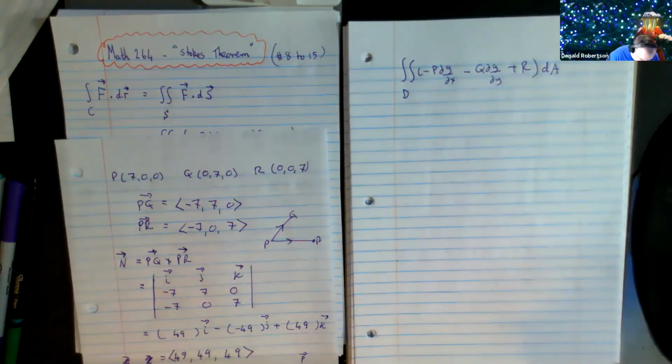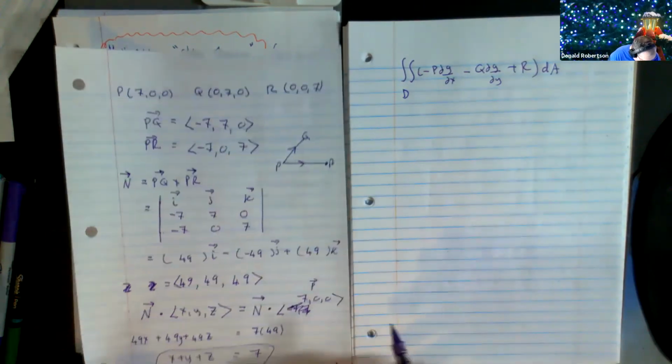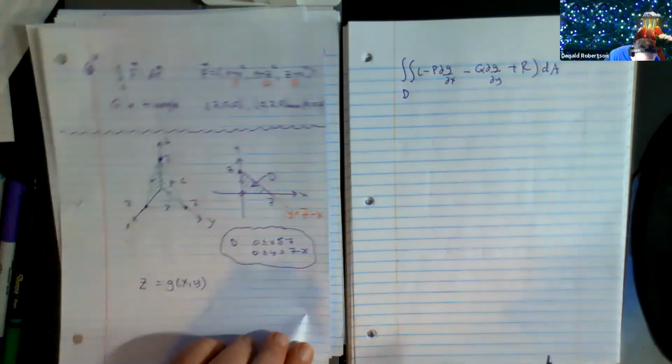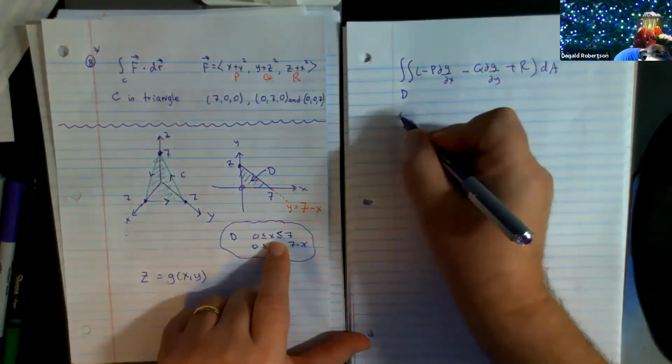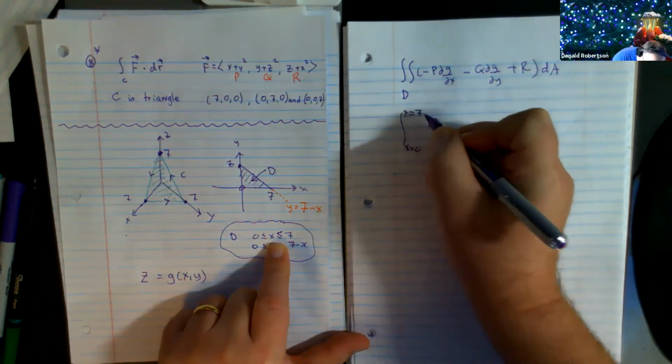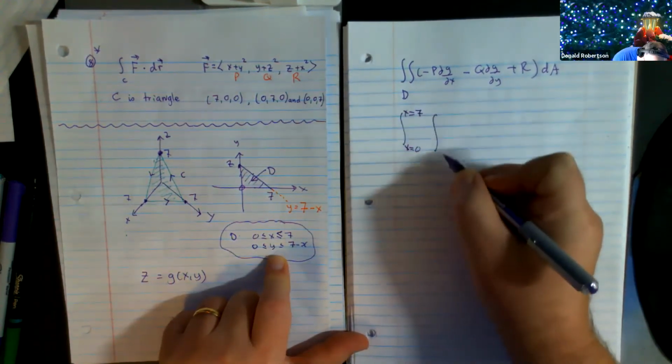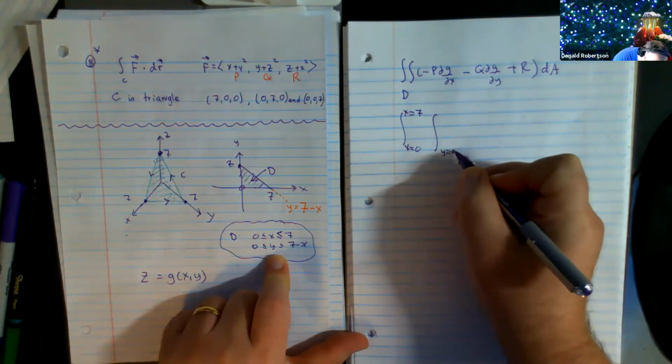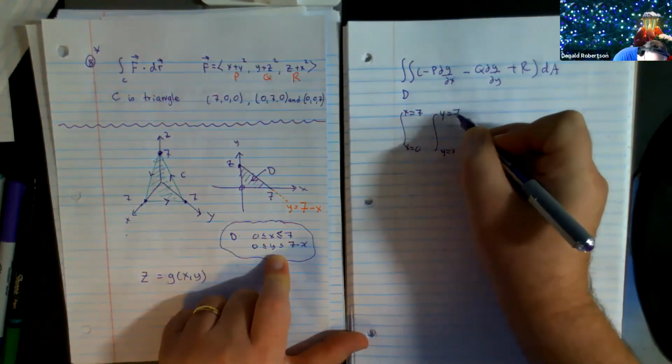Right, that's the general version. Now I have all the pieces here, so let's take them as I need them. This is going to be from x equals 0 to x equals 7. Then it's going to be from y equals 0 to y equals 7, take away x.